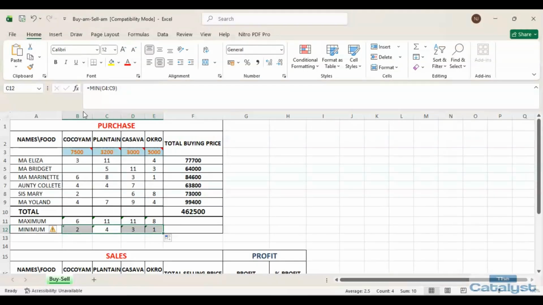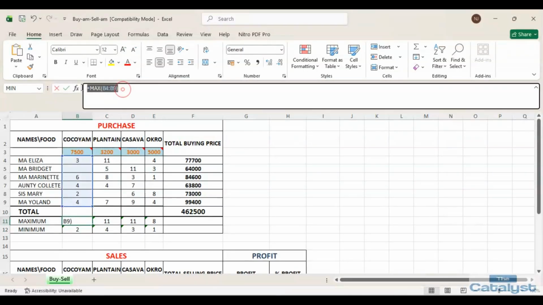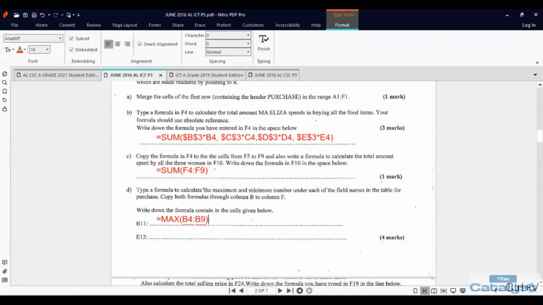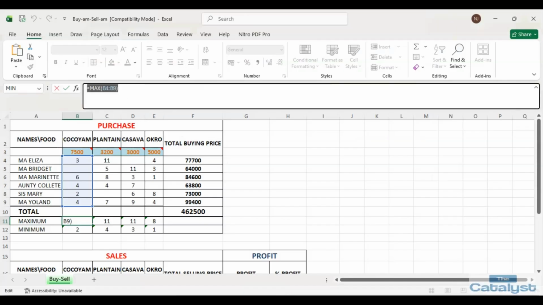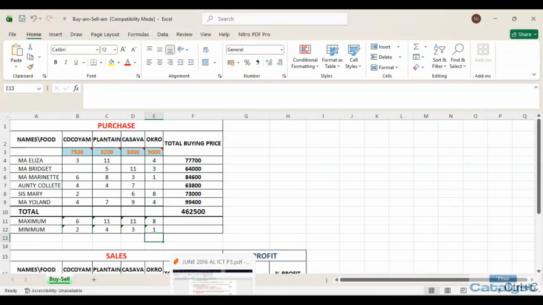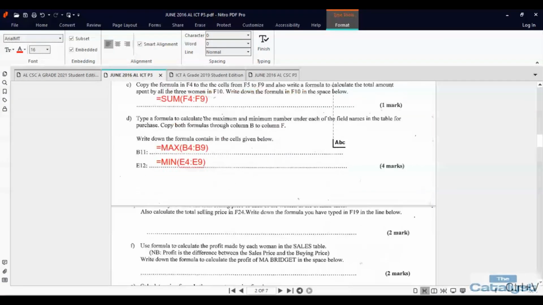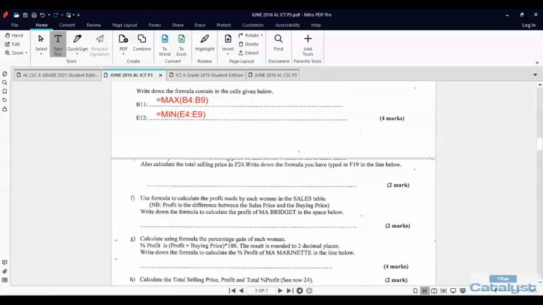That is B11. Now E12. This is E12. Very well.